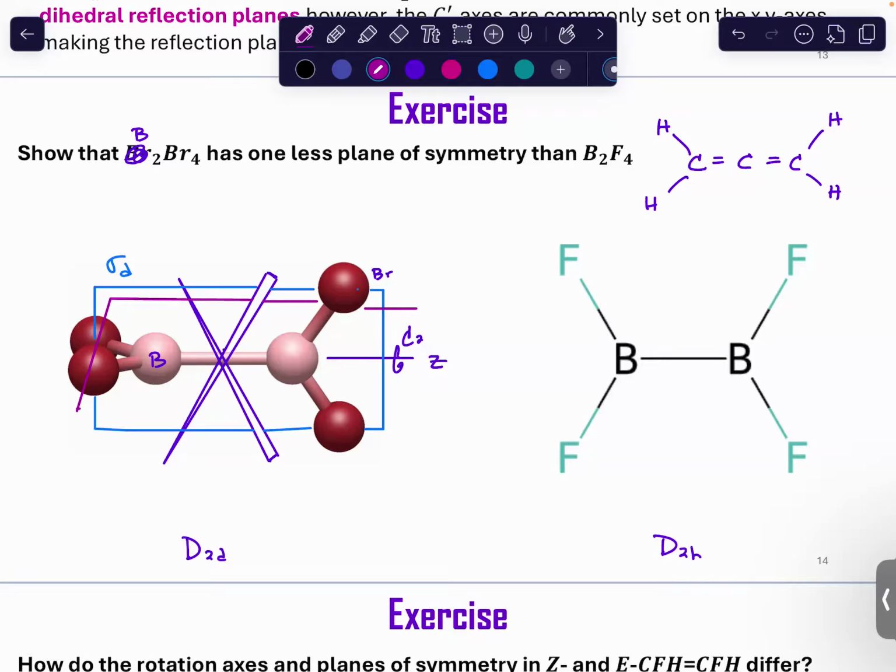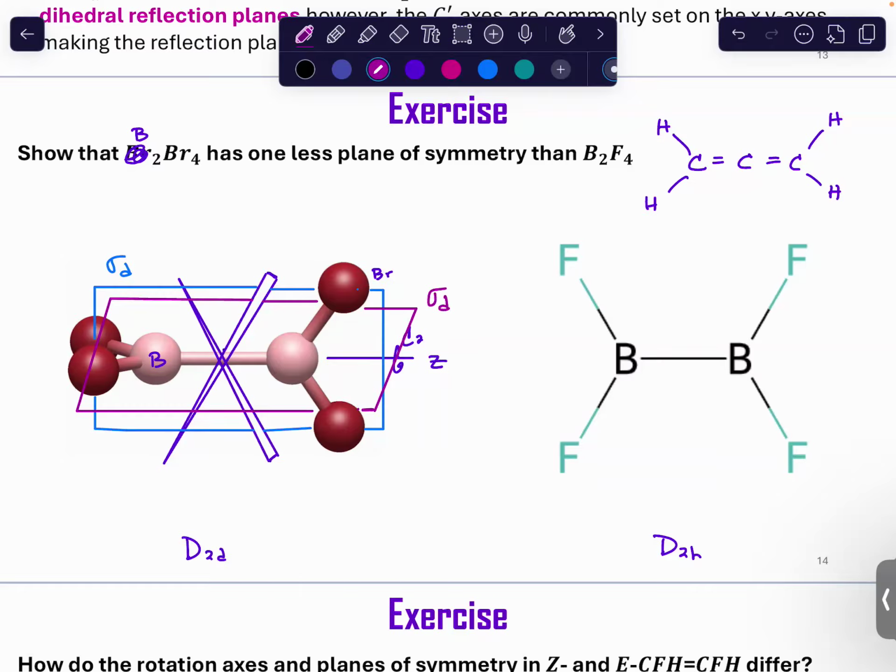Going to go through both of those. It's in front. Okay, it's there. It's the same plane. They're going to be 90 degrees to each other. Sure. So since that also cuts those C2 axes, you get a sigma d.